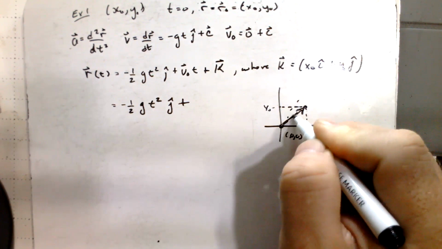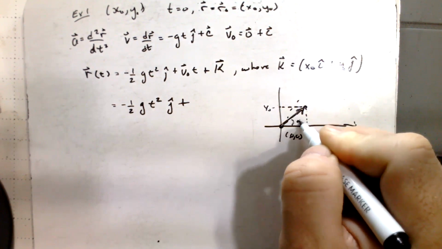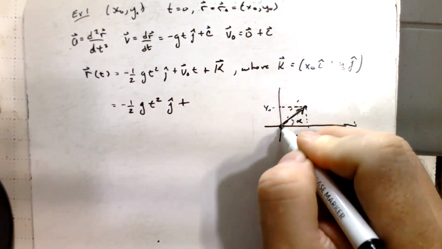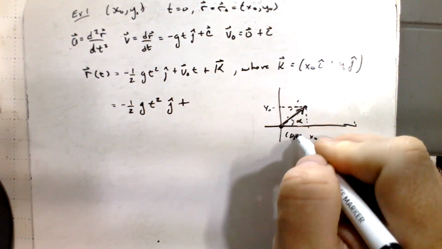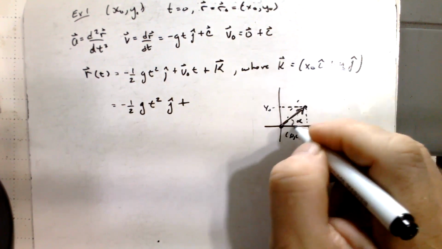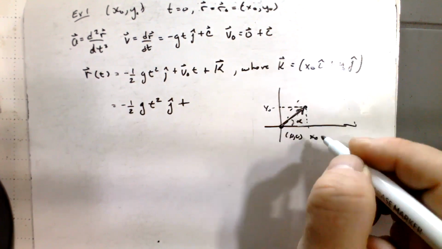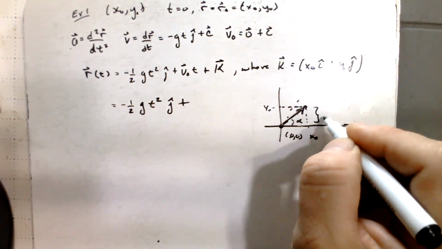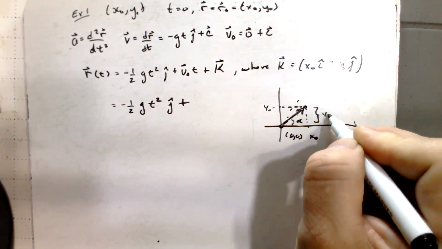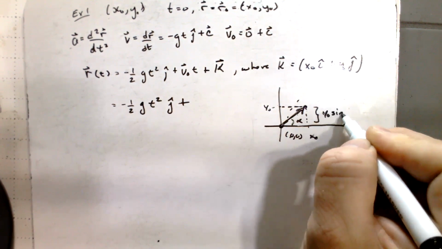Then the angle alpha that corresponds to this value, we can shift our original along this x naught direction by considering the cosine of this alpha. And then likewise, this bit here would be just y naught sine of alpha.